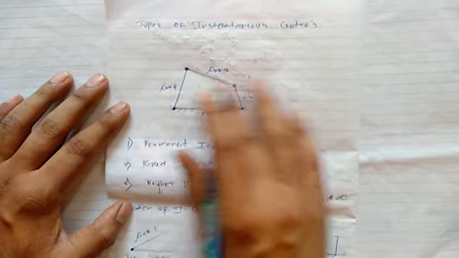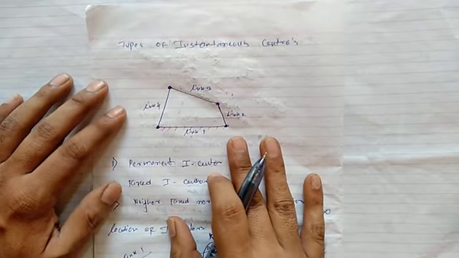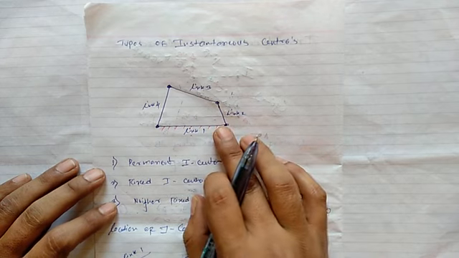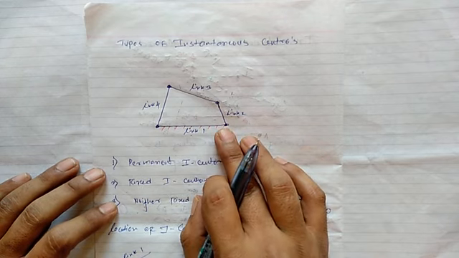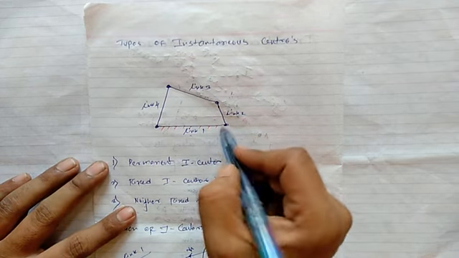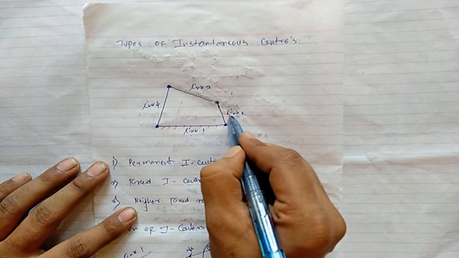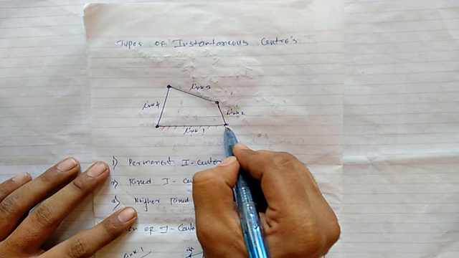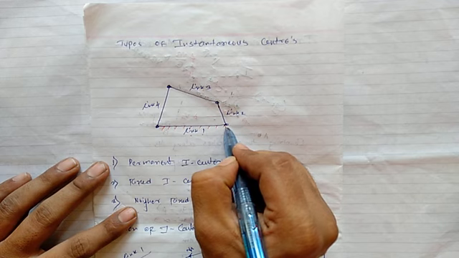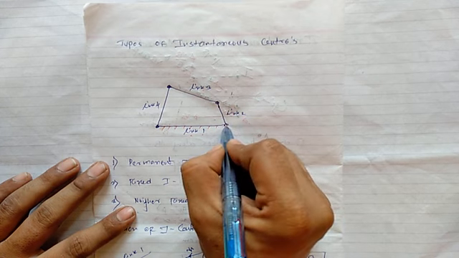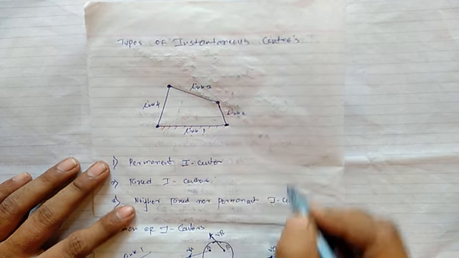Okay, so in a given mechanism, how can you name the instantaneous centers? Before starting that, first of all we require the properties of instantaneous center. If link number 1 and link number 2 are connected by a pin joint, then you have to consider the instantaneous center about the pin joint.